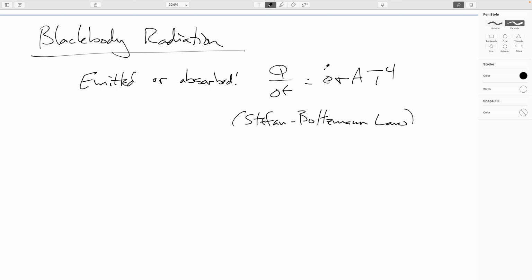Where E is the emissivity of the material. And this is just a number and it runs from 0 to 1. If it's 0, it is a perfect reflector.